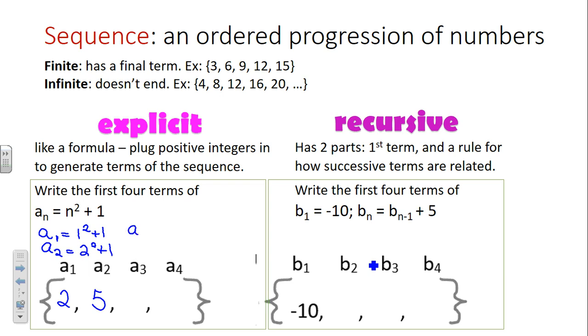So a sub 3 is 3 squared plus 1, which is 10. And finally, we want our fourth term. So everywhere we see n, we're going to plug in a 4. And we get 17. So we have the first 4 terms of that explicitly defined sequence.